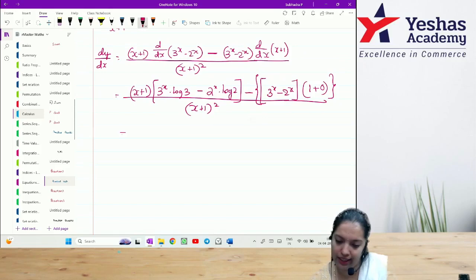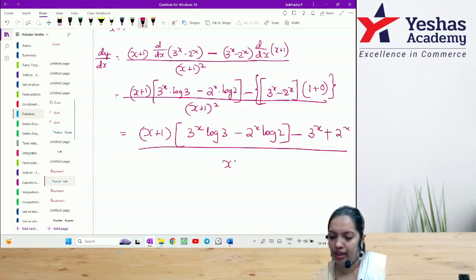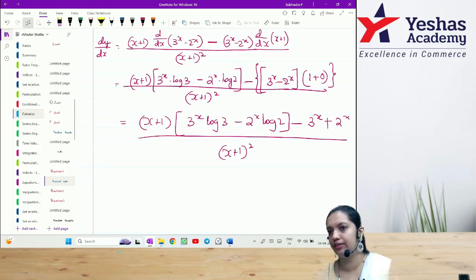So your final answer is x plus 1 as it is, 3 power x log 3 minus 2 power x log 2, minus 3 power x minus 2 power x into 1, whole divided by x plus 1 the whole square. This is the final answer.